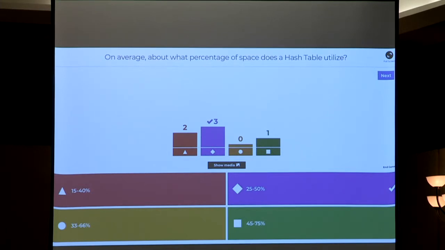But it could be like 15 to 40%, because say you just do an expansion, and now you delete a lot of stuff, and you don't shrink the hash table, then now you've got less than 25% space utilized. Or maybe you just made the hash table and it's empty, and now you're putting stuff into it and it's less than 50% full. That could happen.